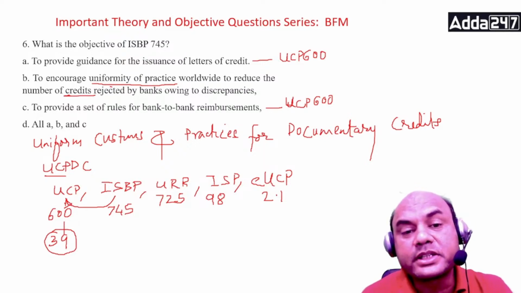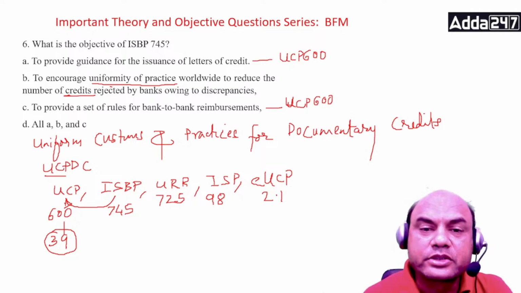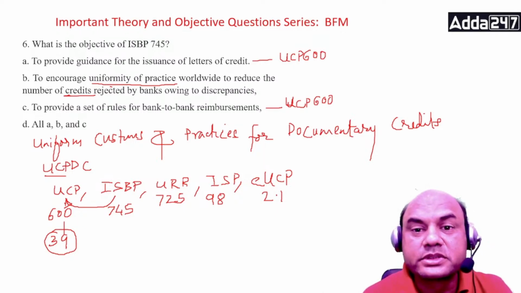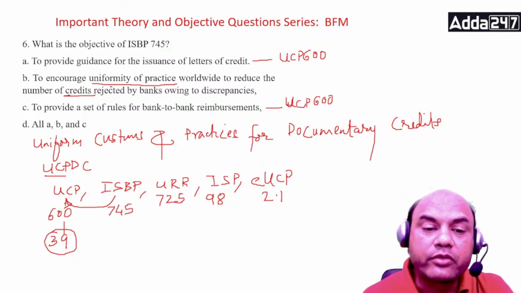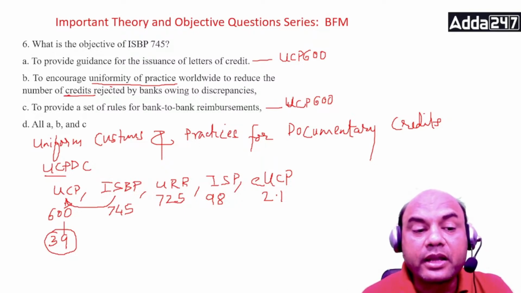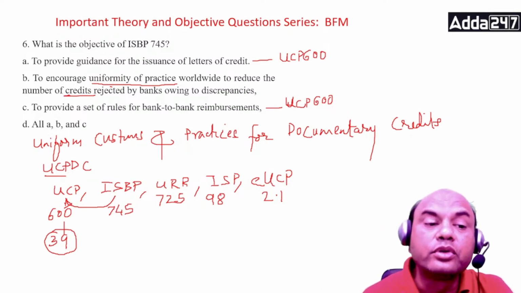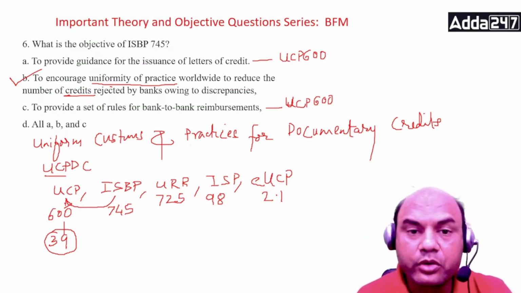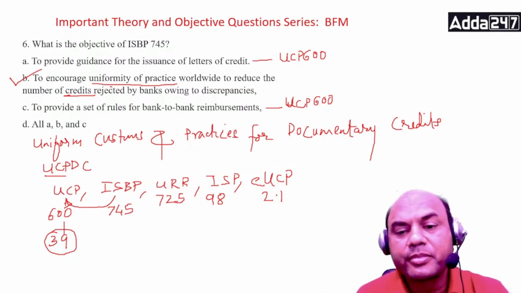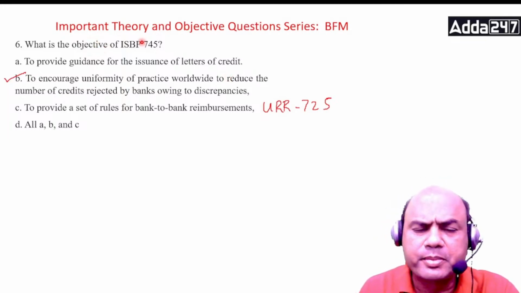Suppose the way I am interpreting a UCP article, the second person checking the documents from the issuing bank side may not interpret it that way, so he might take a wrong decision. To bring uniformity, ISBP 745 has been brought into the picture. So you got the objective of the ISBP series.